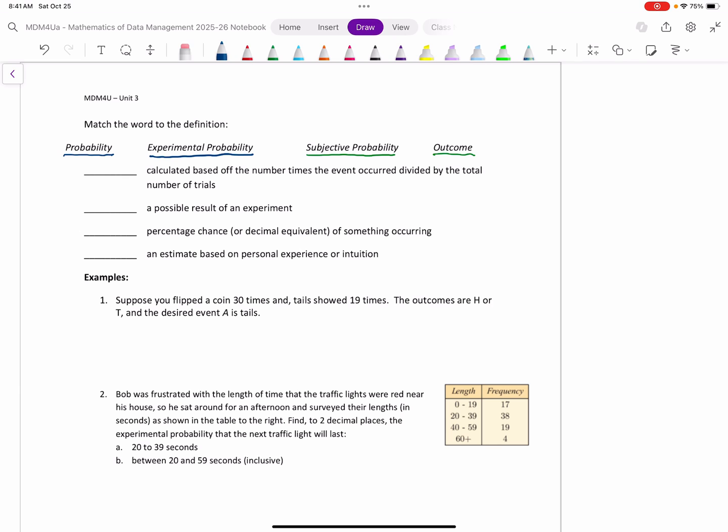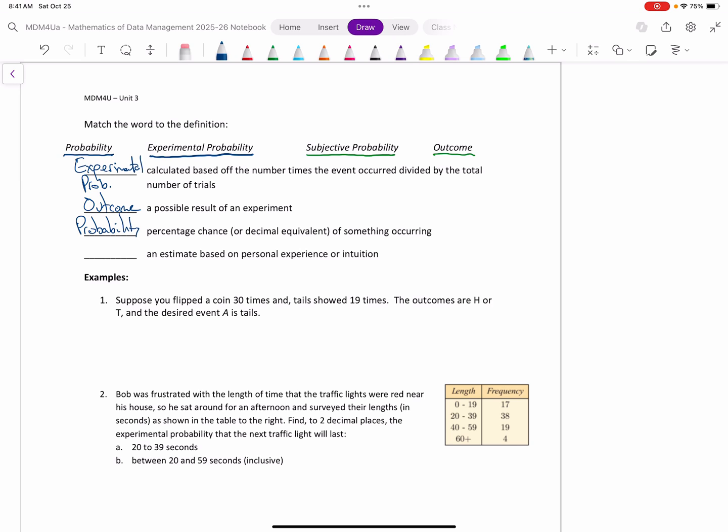That's experimental probability. Second one, a possible result of an experiment. So that's outcome. The next one, percentage chance or decimal equivalent of something occurring. That's just probability or theoretical probability.